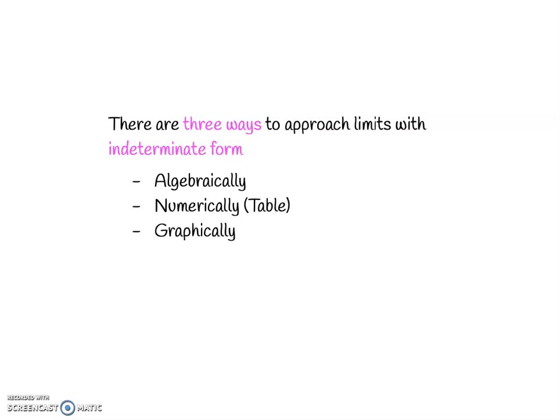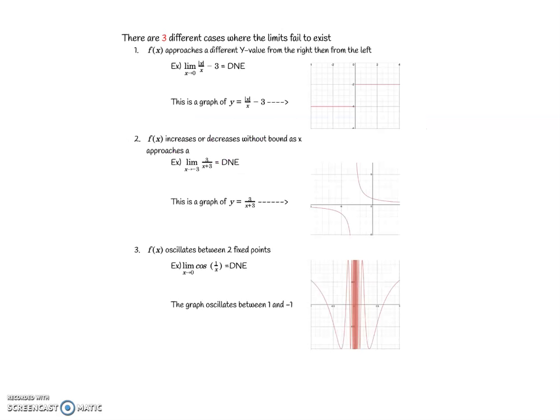The algebraic method involved factoring and simplifying the function. The numerical method involved typing the function into the calculator and using the table function to look at where the value approaches. The graphical method involved plugging the equation into the graphing calculator and looking at the graph to figure out the limits.